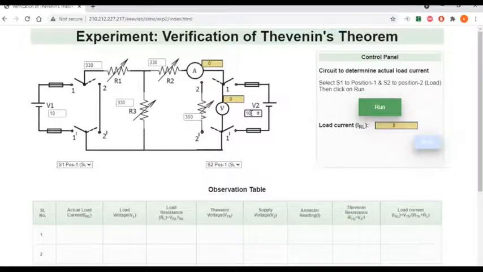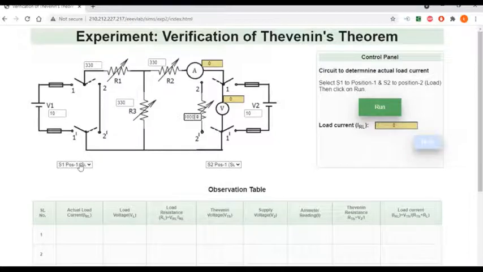In practical case, we can use a multimeter in the ohm position and measure the resistance. Instead of it, here they are giving the voltage and measuring the current and voltage. The ratio of voltage and current gives you the resistance. Right? In that way, they are measuring the resistance. Both ways are the same. Load resistance is 1 kilo ohm, 330, 330, 330, and 10 volts.